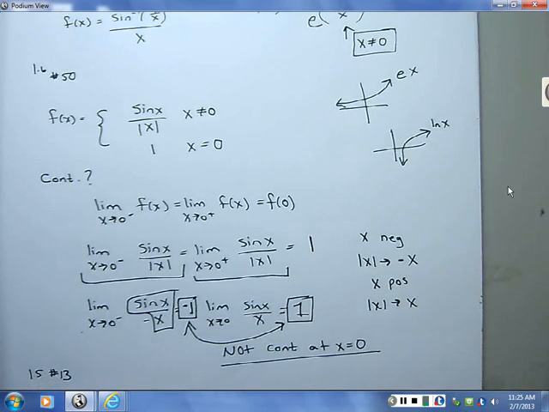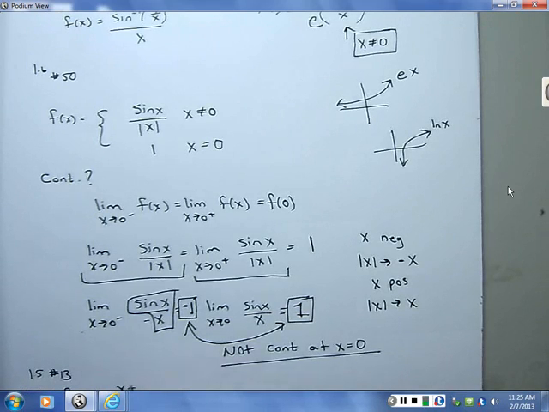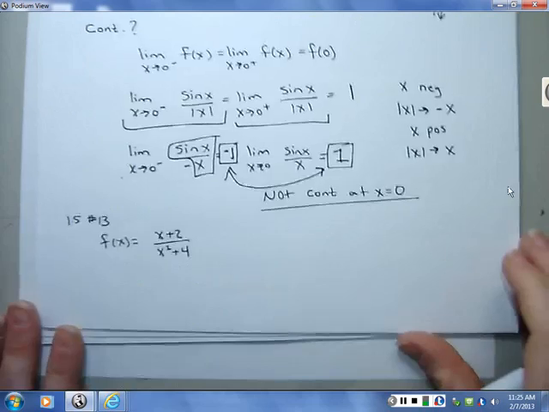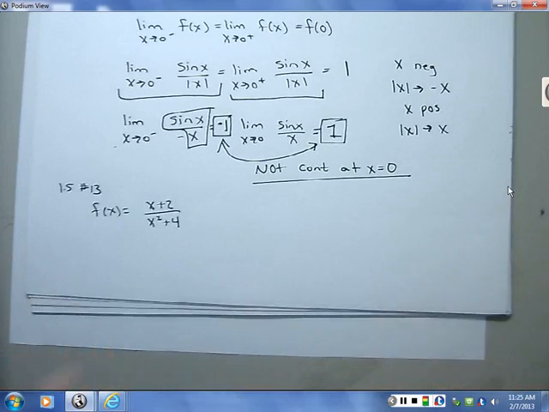You're given the function f of x equals x plus 2 over x squared plus 4. Where do the problems lie? Anytime you're asked if a function is continuous or not, you want to verify where the problems lie and then make your conclusion on that.